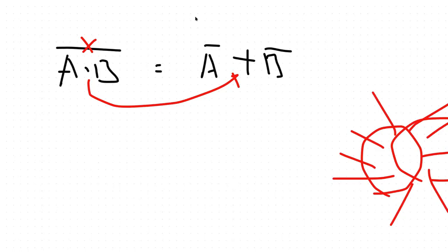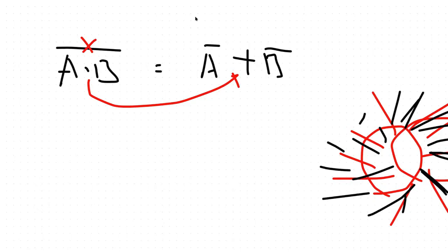And in A bar or B bar, A bar is outside A, B bar is outside B. So it's just not this whole part. Okay, it's the same. Any questions so far? No. So same thing, when you want to combine them together, you connect the bar, change the and to or, or or to and.